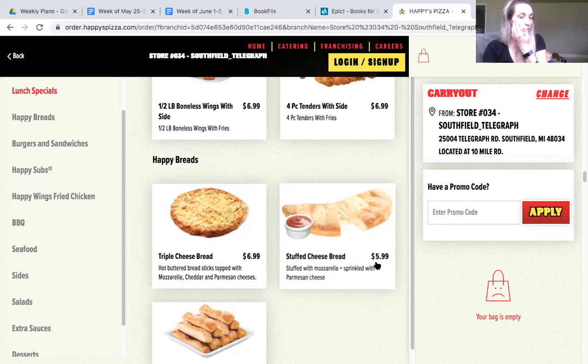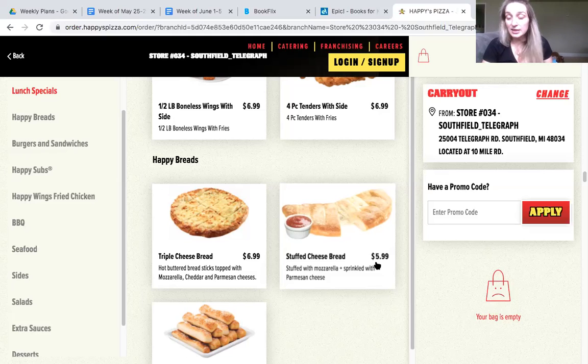So when we look at our triple cheese bread and our stuffed cheese bread, which is more? 6 for the triple cheese bread or 5 for the stuffed cheese bread? Which one costs more? Take a second and think about it. $6 is more for the triple cheese bread.